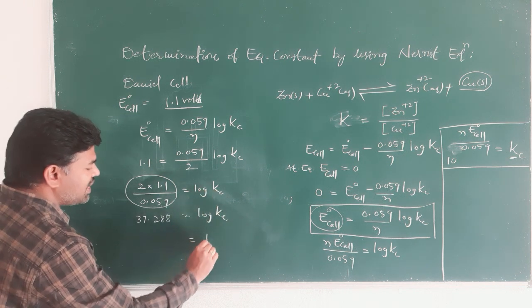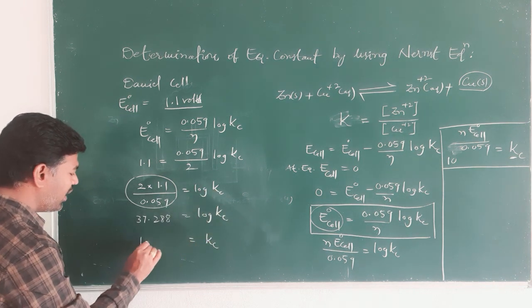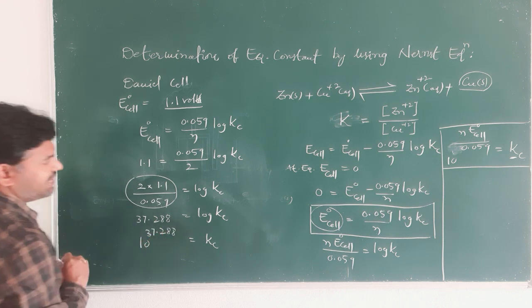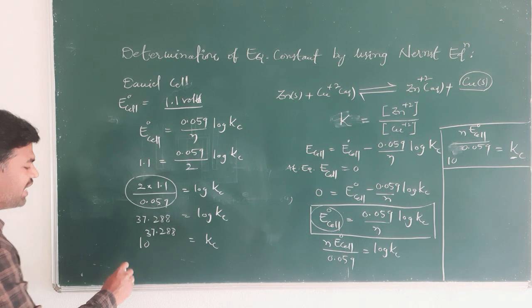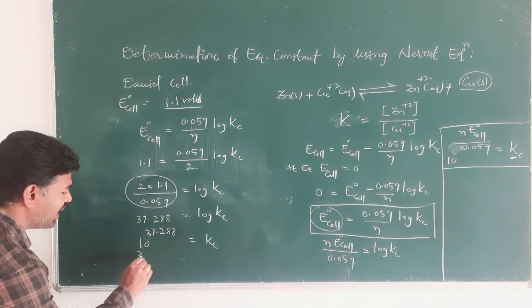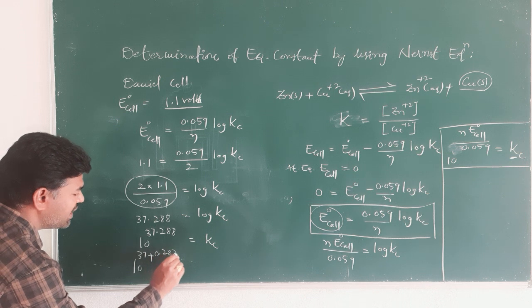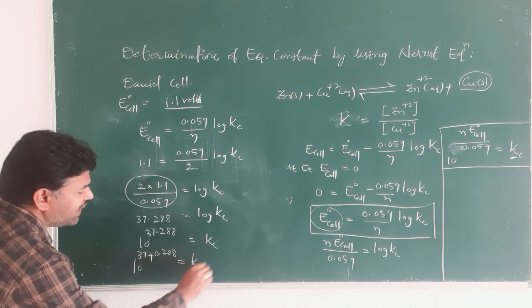Then Kc is equal to 10 power 37.288. This can be written as 10 power 37 plus 0.288 is equal to Kc.